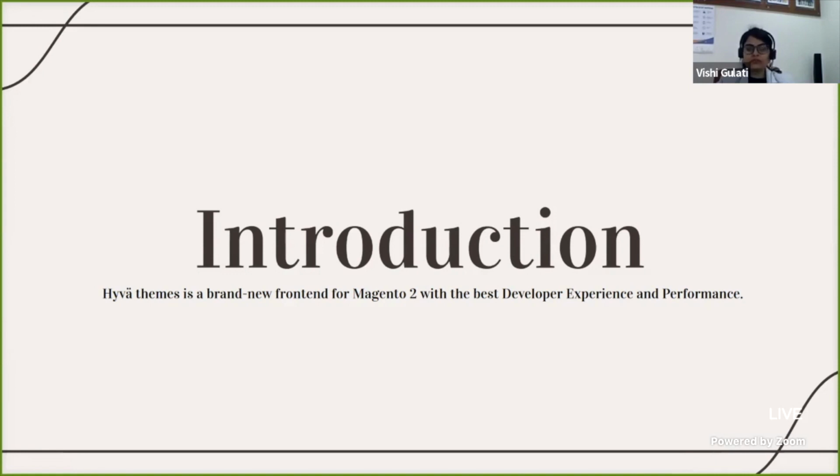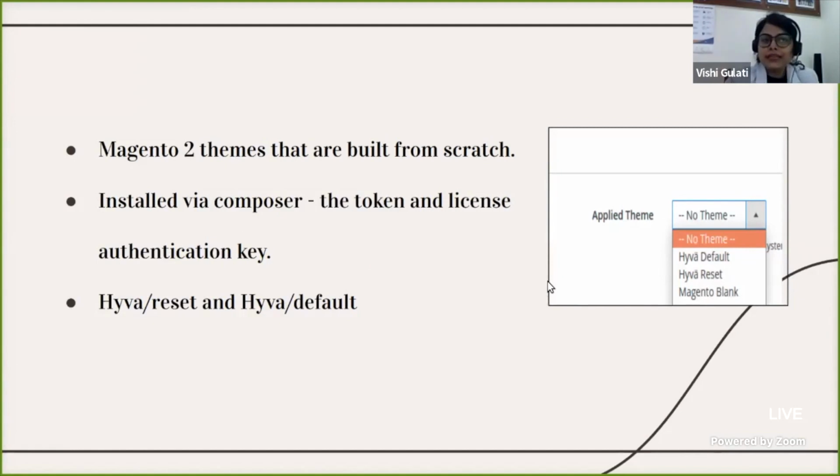Hyvä Themes is actually a brand new frontend for Magento that provides the best developer experience. Apart from that, the performance of Hyvä is also very good. Like other Magento themes, Hyvä is also a Magento theme. But unlike other Magento themes, Hyvä is built from scratch.